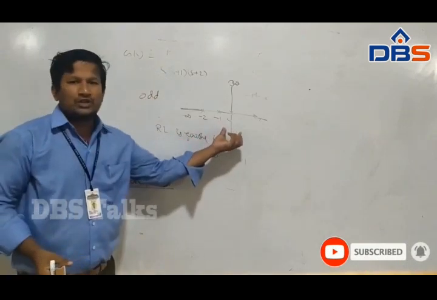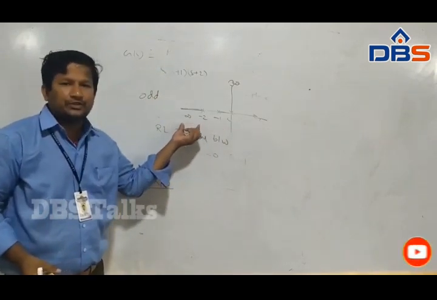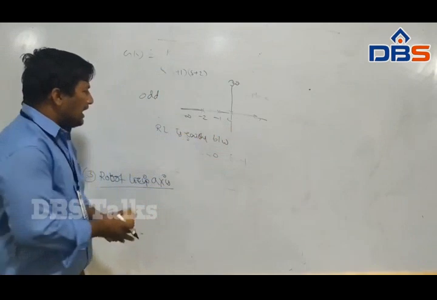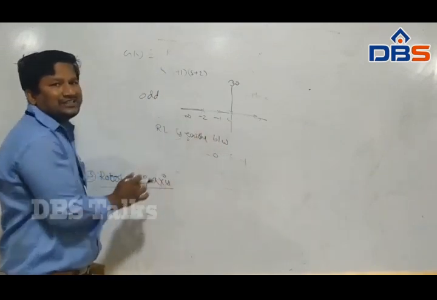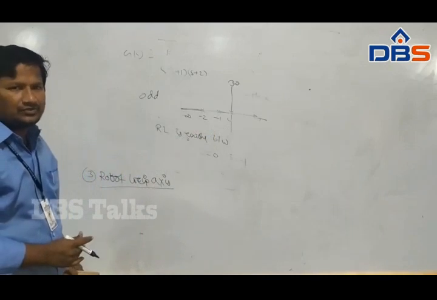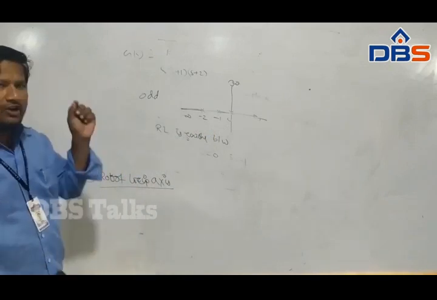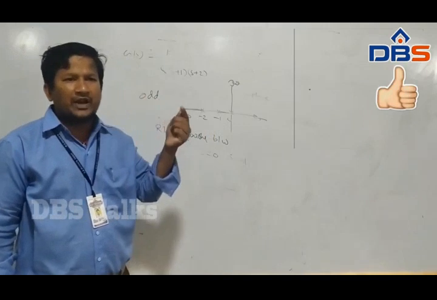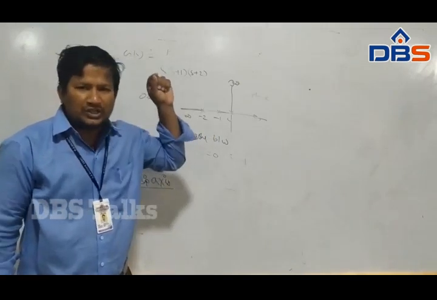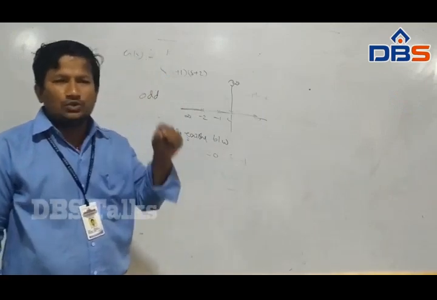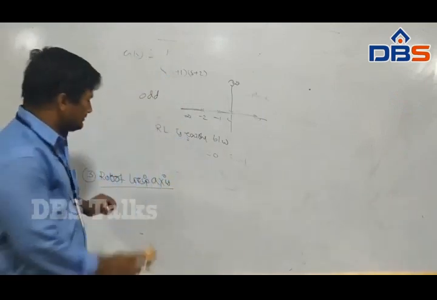So 0 to minus 1, and also minus 2 to minus infinity, the root locus branch is existing, and the root locus branch does not exist between s equal to minus 1 and s equal to minus 2. So simply, we have to select one point. To the right of that point, the sum of poles and zeros must be an odd number, then only the root locus branch is existing, otherwise the root locus branch is not existing.